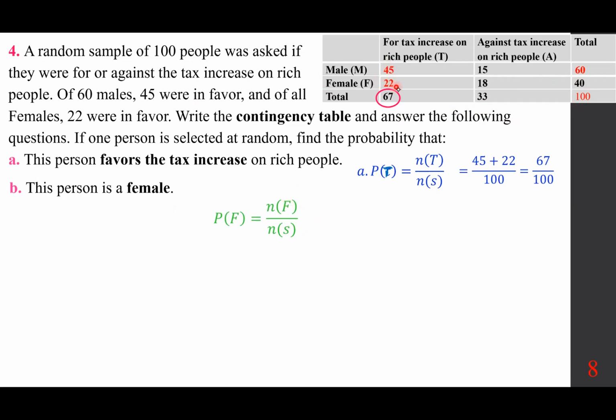We have those two numbers, females: 22 plus 18, 40. You can read just 40 or just add up these two. Either way is fine. So the answer is 40 over 100, which means 2 over 5 or 0.4.